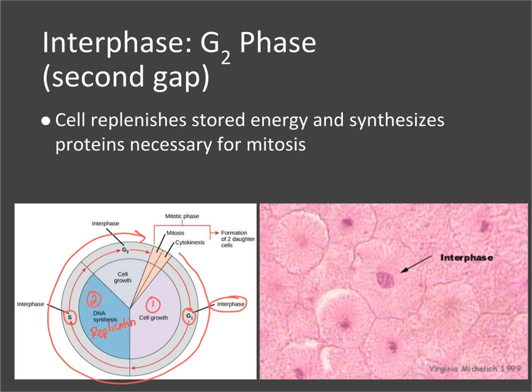And then the third phase is another growth phase. We call this the G2 phase. And it's actually the third phase of interphase. During the G2 phase, the cell is just preparing for mitosis, all right? So it's replenishing energies. It's going to gather up things like nutrients and oxygen so that it can make ATP.